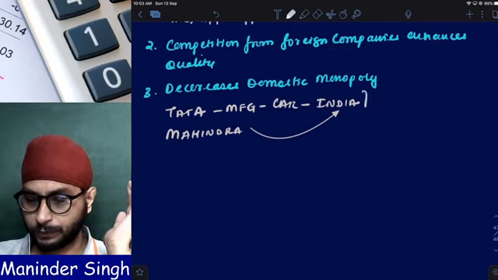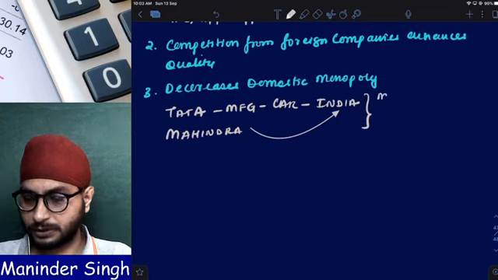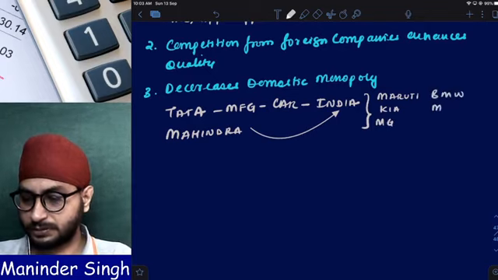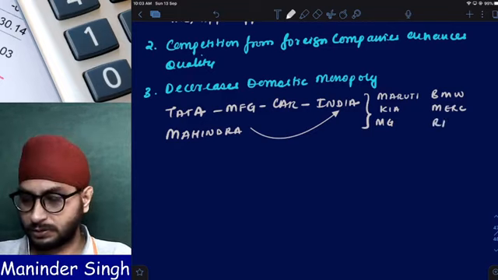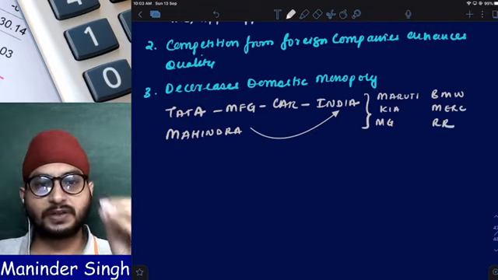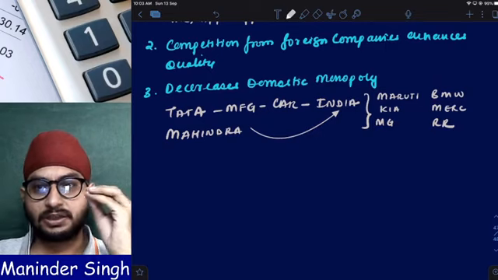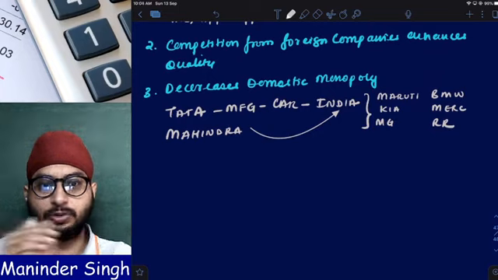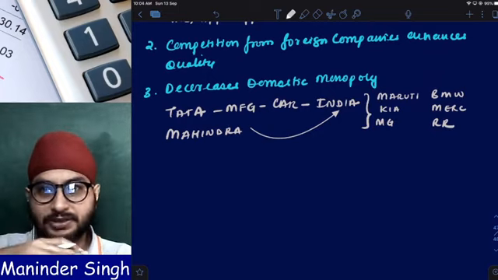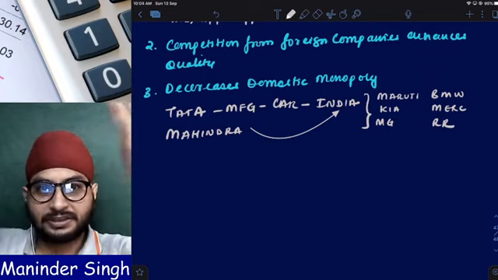But today, do you think only these two people are selling cars in India? Sir, there is Maruti, there is Kia Motors, there is MG Hector, there is BMW, there is Mercedes, there is Range Rover. There are so many types of cars which are available in India today. Now, since multiple people are coming to India through international trade, are the prices of cars increasing or decreasing?